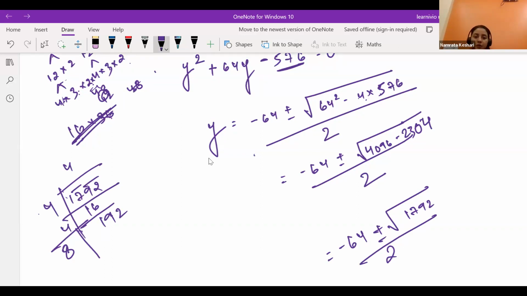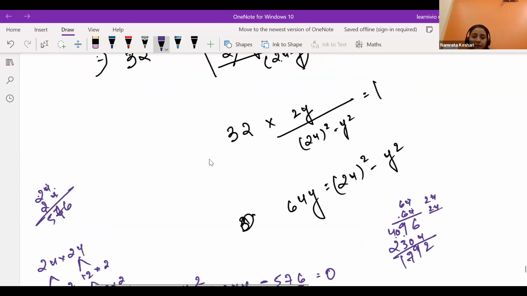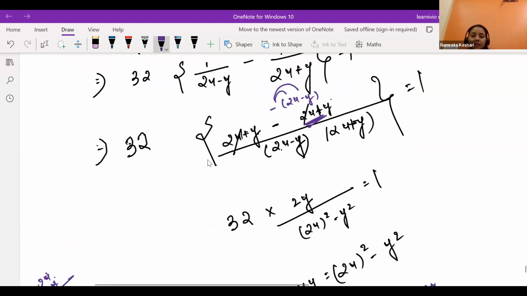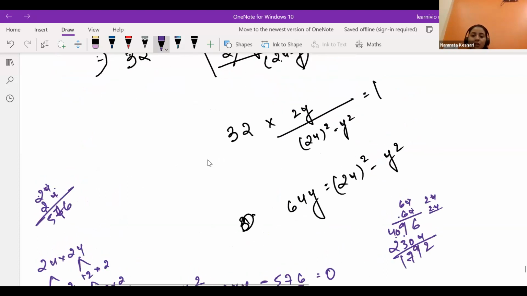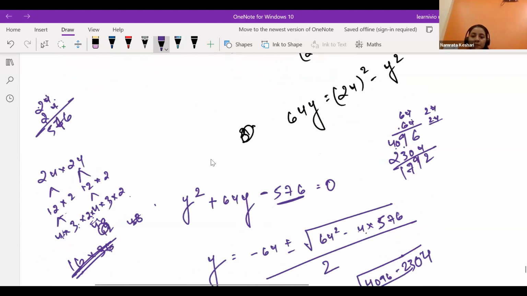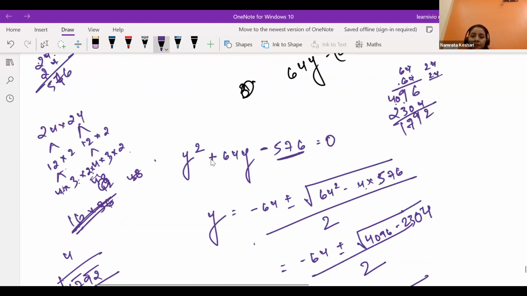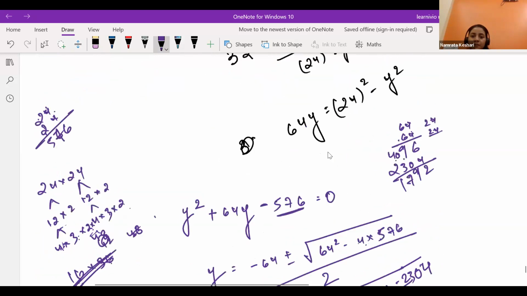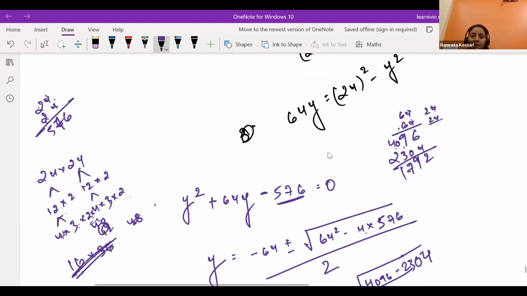It doesn't seem to be a perfect square number. Are we making any mistake? Yes, everyone is getting the same. The quadratic equation you have got is the same as mine. This one? No, I got different. I got y square plus 64y minus 576.